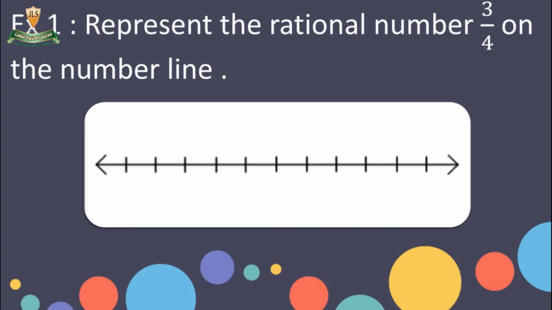So put 3/4 on a specific point. Then I know that the numbers increase on the right hand side. So after 3/4, what comes next? Right, 4/4. Notice that 4/4 means 1, an integer.